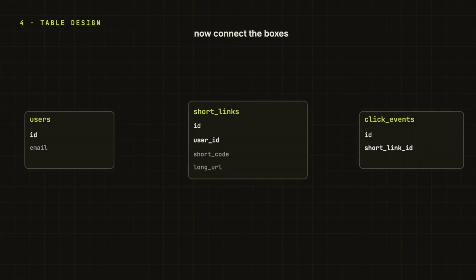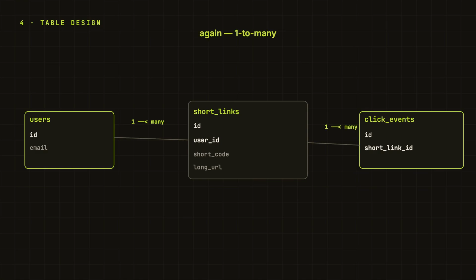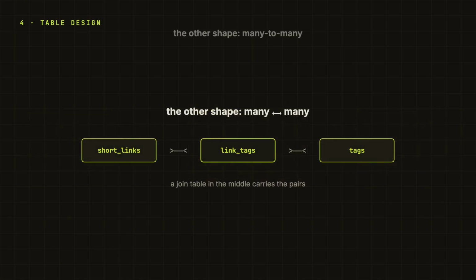Now we connect the boxes. One user can create many short links, but one short link belongs to one user. So that is a one to many relationship. One short link can have many click events, but one click event belongs to one short link. Again, one to many. Many to many is the other common shape.